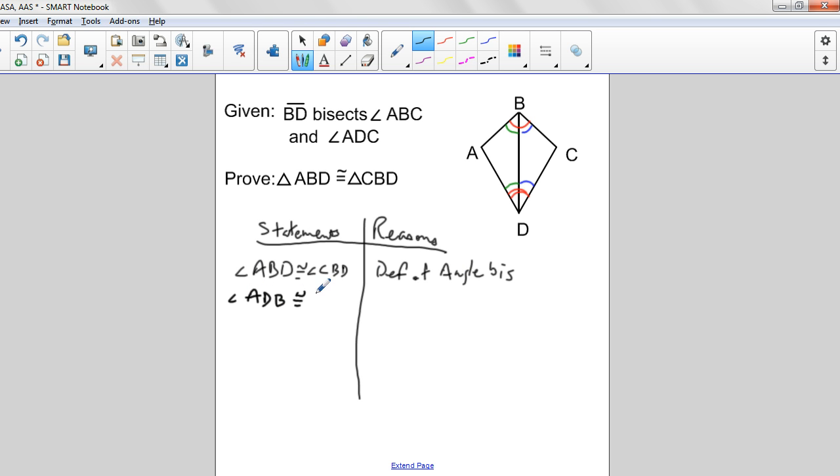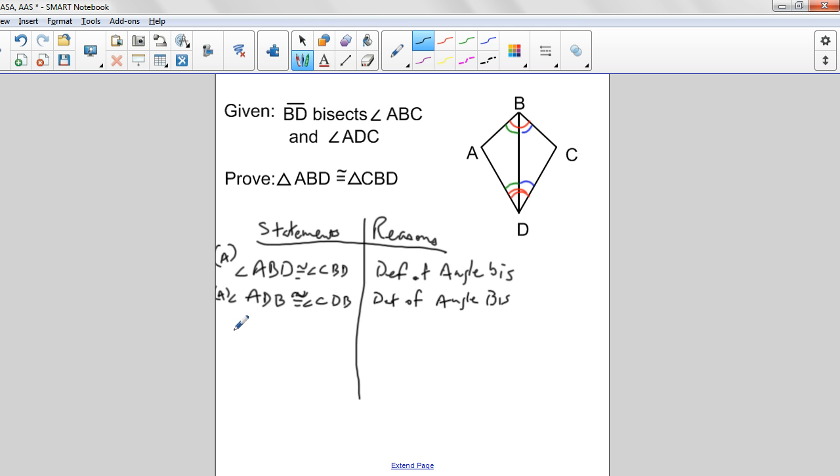We also know the angle ADB, which is this one right here, is congruent to angle CDB. It's this one right here, the blue one, CDB. Okay? And that once again is definition of angle bisector. So we've done two angles, angle and angle, and we have to do the included side.